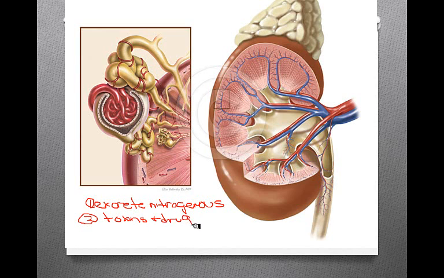Maintain acid-base balance. And they regulate the amount of water. I'm just going to put regulate H2O. They regulate electrolytes.